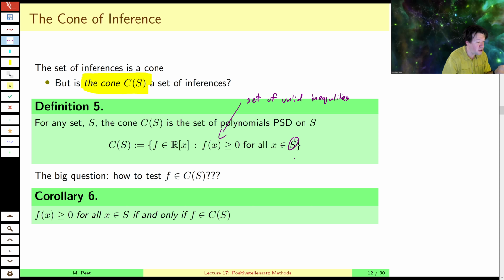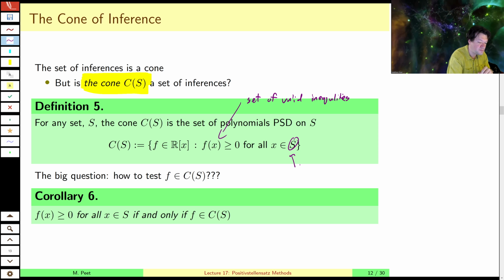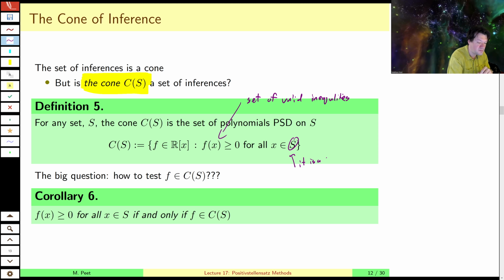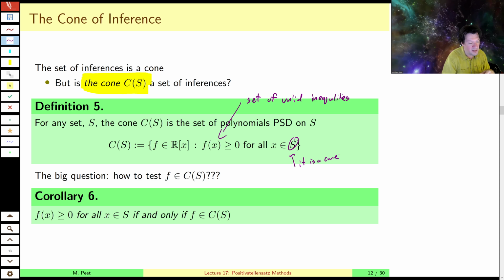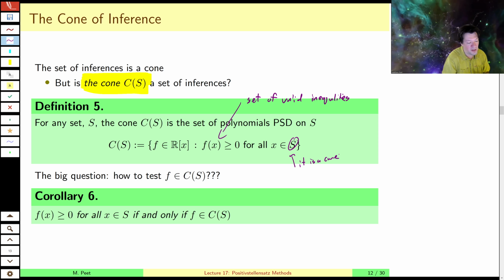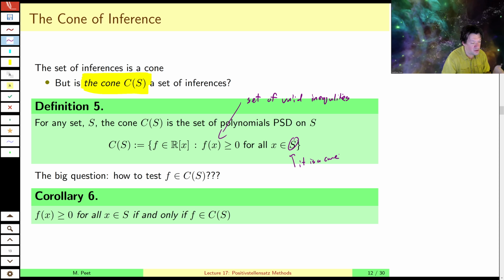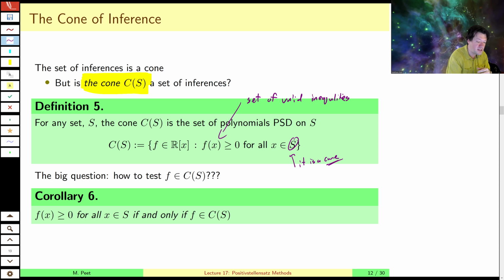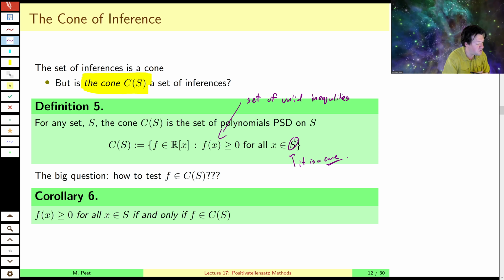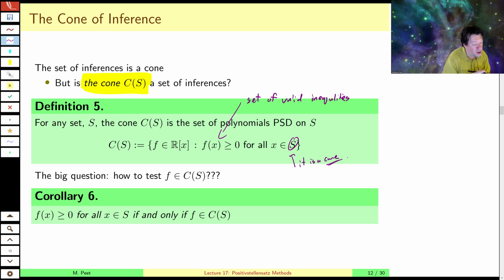However, right, it is a cone. Because of the properties we talked about earlier, right, that take two valid inequalities, add them, multiply them, add squares, right, then it's closed. So it is a cone using the definition on the previous slide. And it's a set of all valid inequalities.